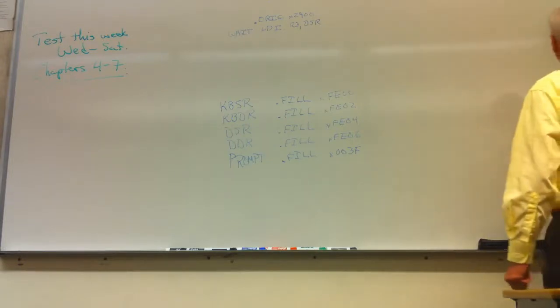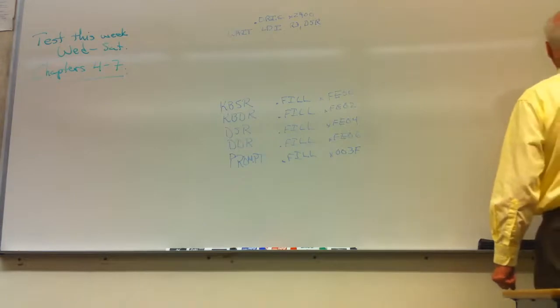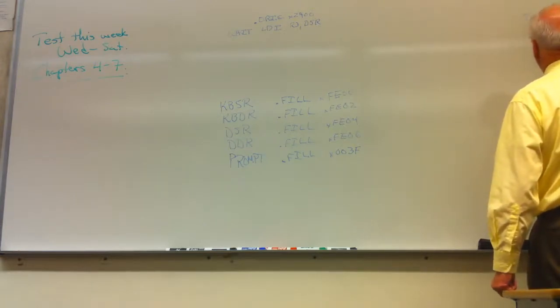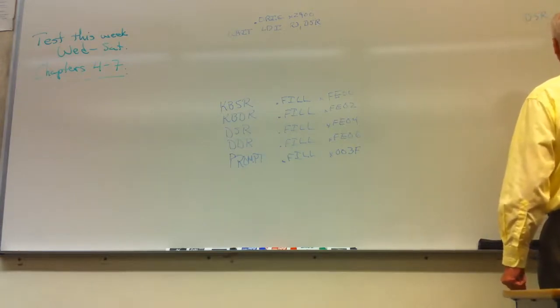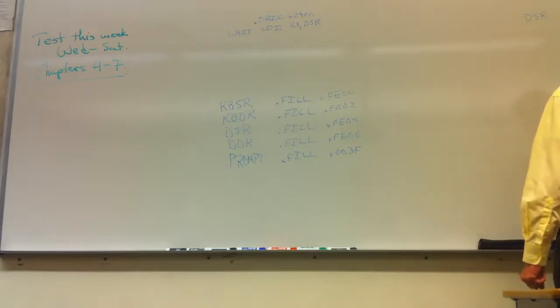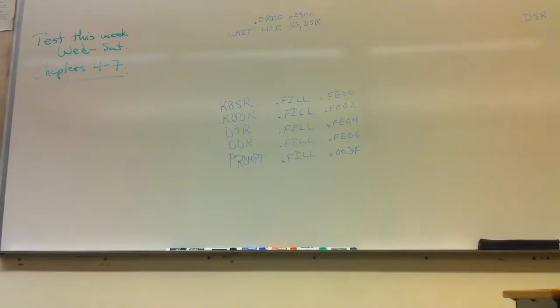Remember, the display status register looks like this. There may be other stuff in there, but this is the only one that we're really concerned about. Bit 15. If you look on page 205 here, he's got a map of the thing. And it works in this manner.